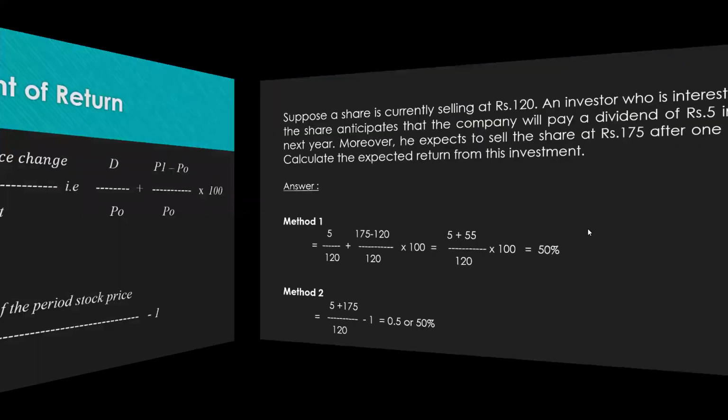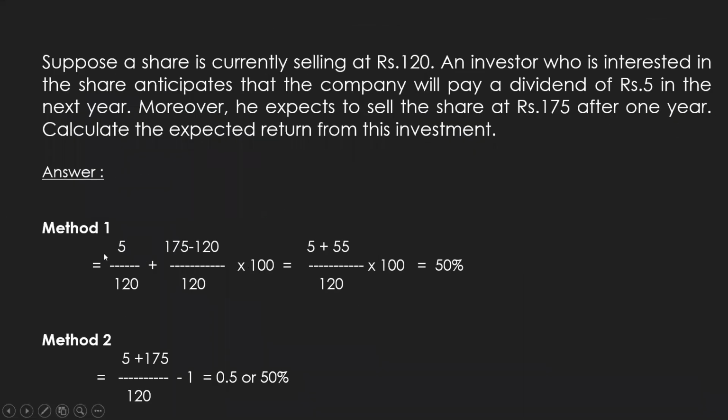So going to the question, the dividend is 5 rupees. So 5 divided by the initial investment, the price at which you bought it, 120. So 5 divided by 120, that is D divided by P0, plus (P1 minus P0) by P0 is the next part of the formula.